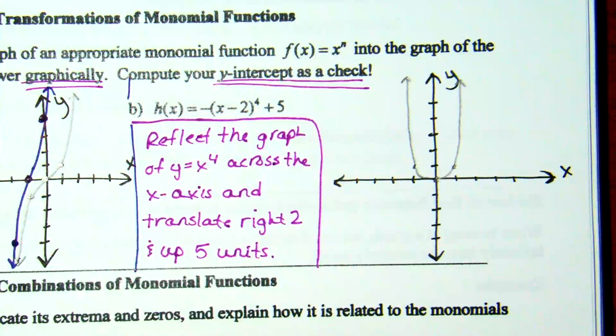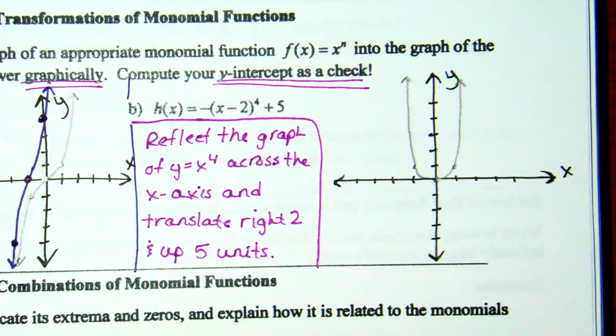Now, what do we have to do to this? It's just like moving a parabola, isn't it? Flip it upside down, and then move that vertex where? Right 2, up 5. So I'm going to go right 2, up 5. There's my new vertex. What did the first dots do on the other one? They went over 1, up 1.